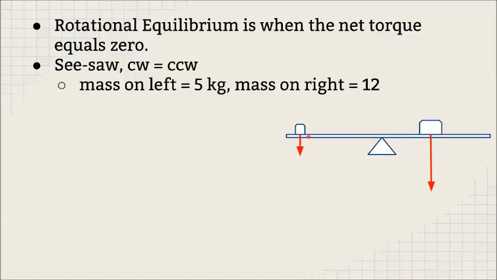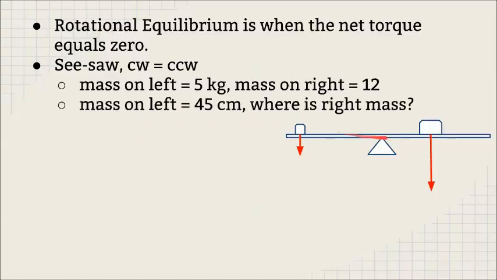So the mass on the left is 5 kilograms, and the mass on the right is 12. Okay, no problem. If the mass on the left is at 45 centimeters, where do we put the mass on the right? So this big mass, we're going to put it someplace so that the torques are equal. So we simply set it up for the torque left is equal to the torque right.